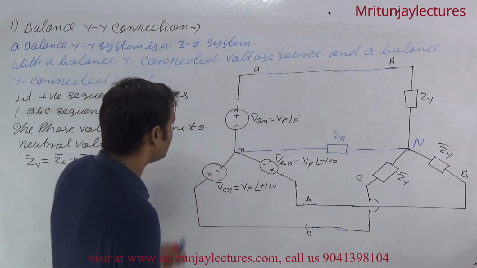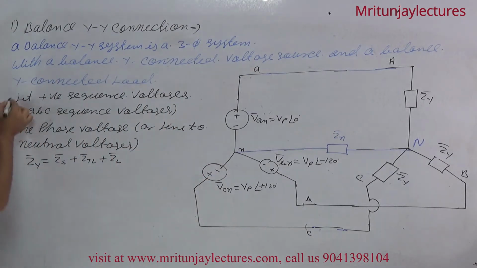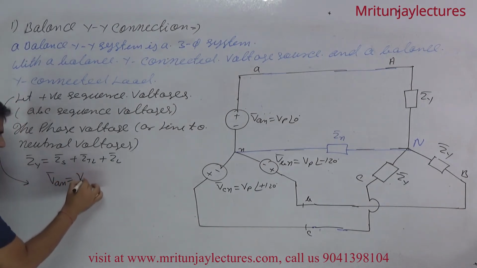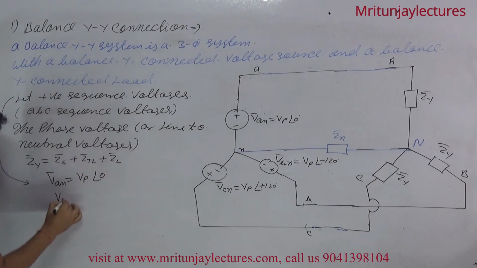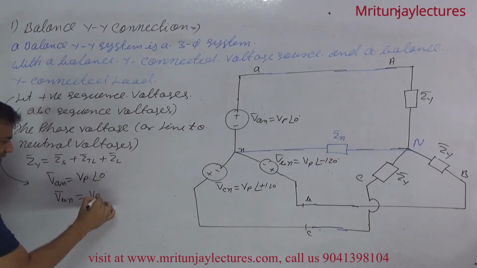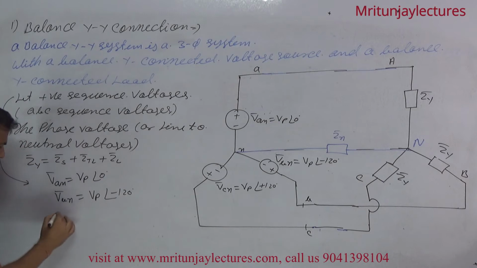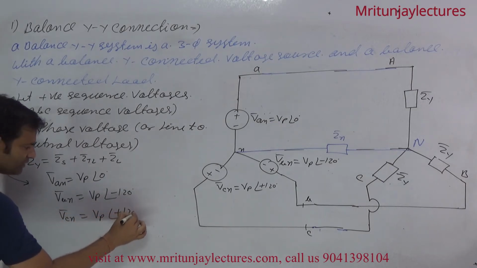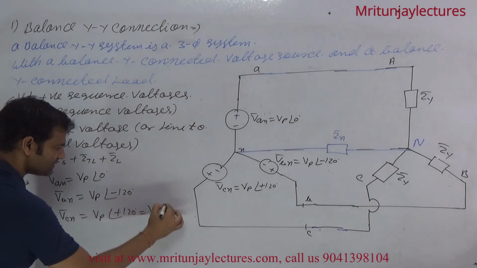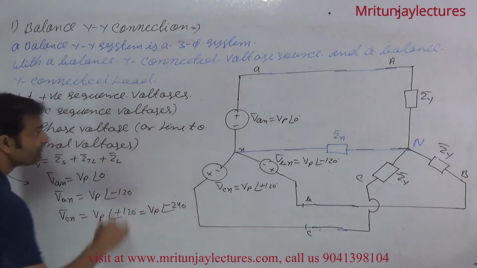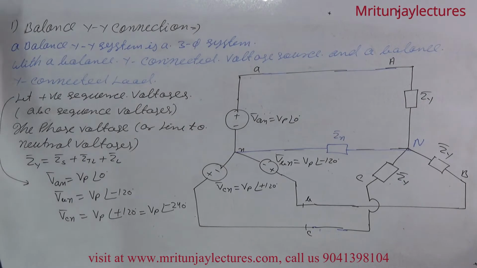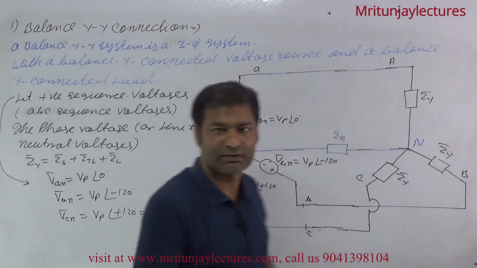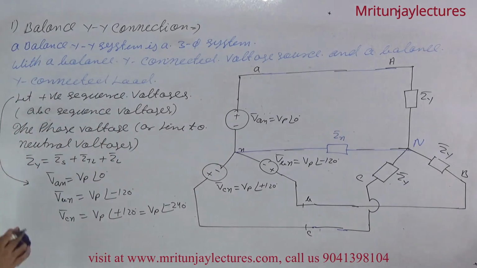Now this one is a positive sequence, so VAN will be written as Vp at the angle 0. What about VBN? It is Vp at the angle minus 120. And what about VCN? This is Vp at the angle plus 120, or you can say we write it as minus 240. Clear? Any doubt corresponding to this one? I have already discussed in the previous lecture. Clear?